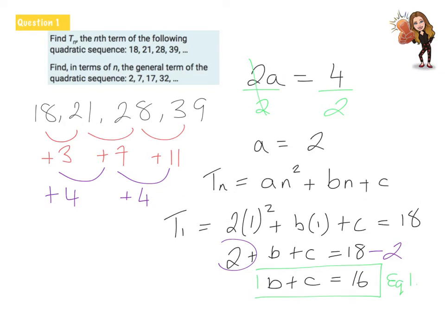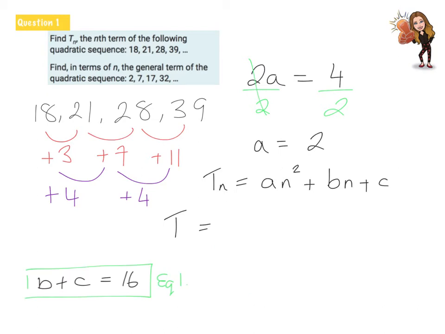Okay, now let's find the second equation. So T of 2 is going to be equal to 2 times 2 squared plus b times 2, because it's the second term, plus c. And this time, this is all equal to 21, because 21 is my second term. So 2 times 2 is 4, times 2 is 8.